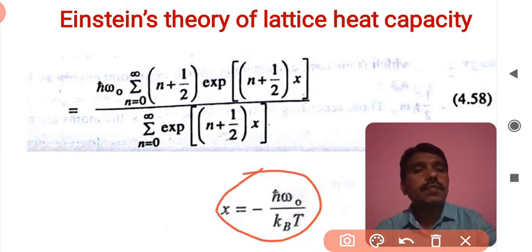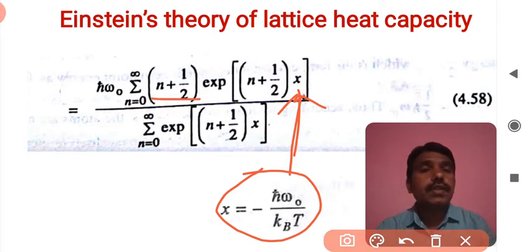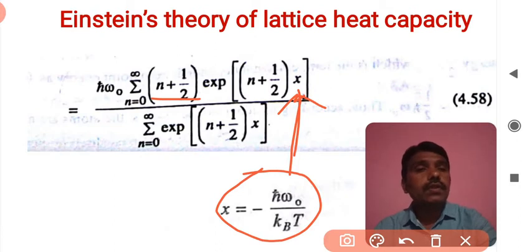When we replace this with the value, we get the relationship like this: h cross omega 0 times the summation of n equal to 0 to infinity of (n plus half) exponential of (n plus half) x, divided by the summation of n equal to 0 to infinity of exponential of (n plus half) times x.